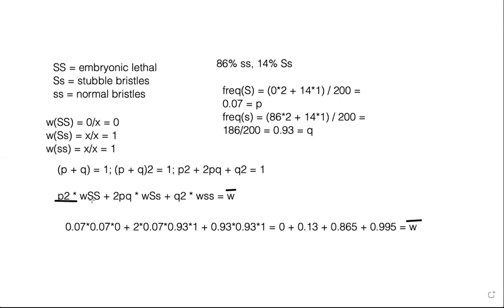So, all right, I'm going to draw lines underneath. This is easier when I'm working with chalk, of course. And so I'm going to divide that term by W bar. And then I'm going to divide this term by W bar. And then this term by W bar.